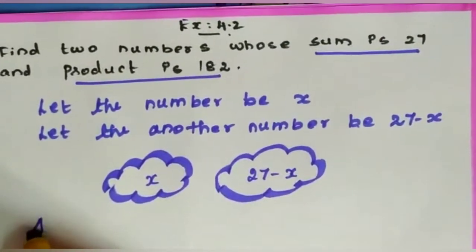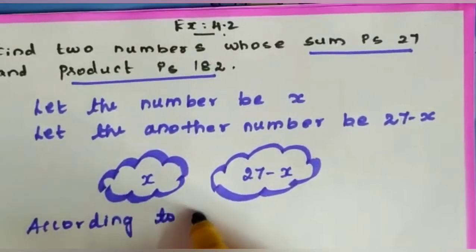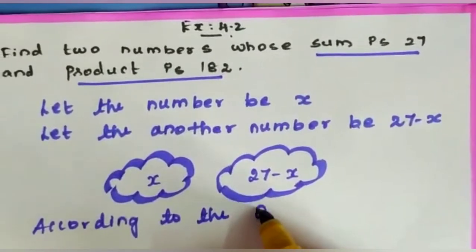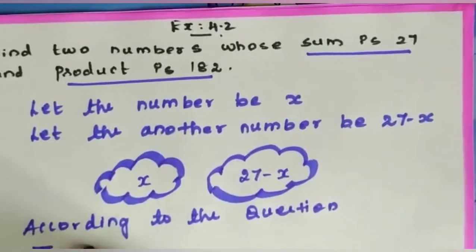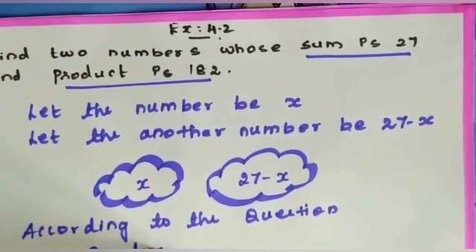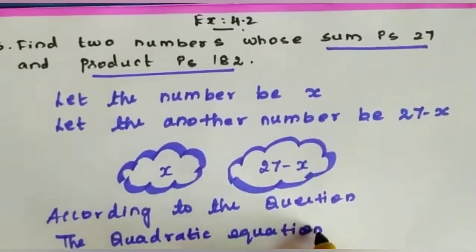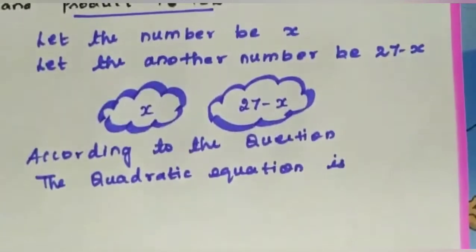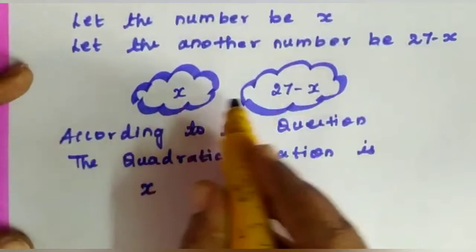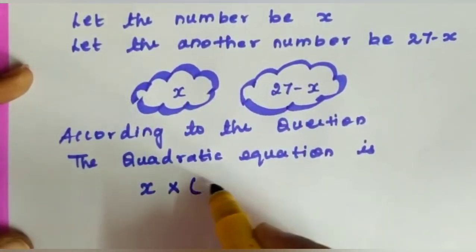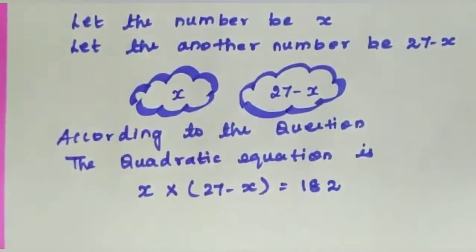According to the question, the quadratic equation is the product is 182. So multiply these two numbers, x into 27 minus x is equal to 182.